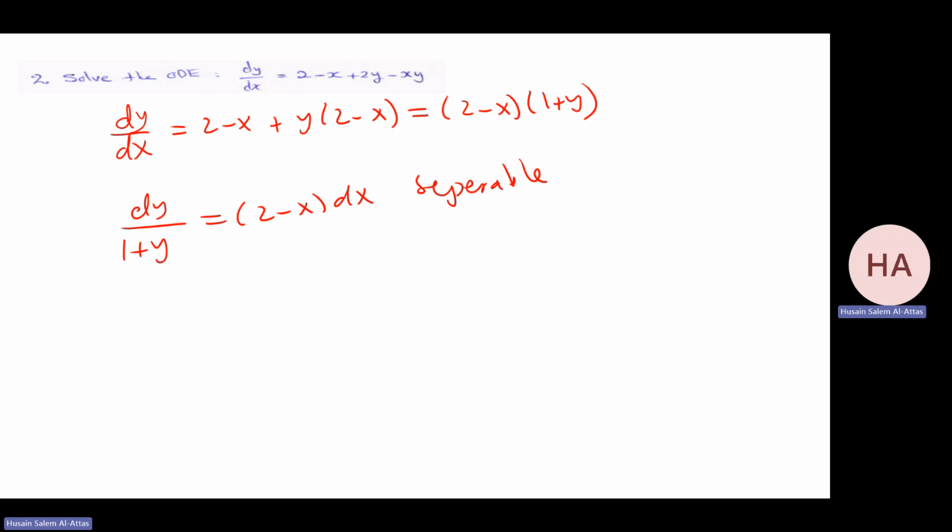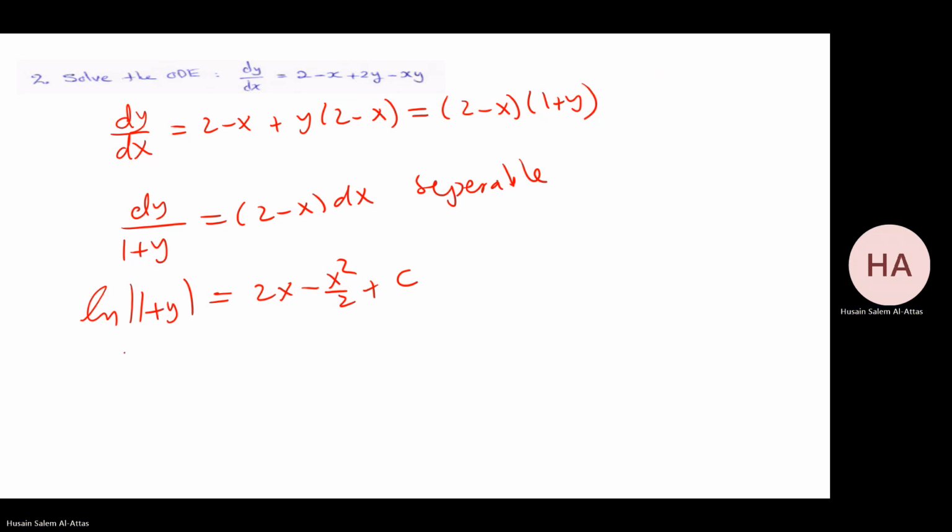At each problem, I want to be sure it is separable, when I separate them. So then the value ln of 1 plus y will be equal to what? 2x minus x squared over 2 plus c. Okay. Take e, both sides.